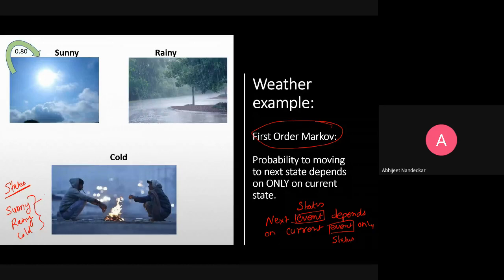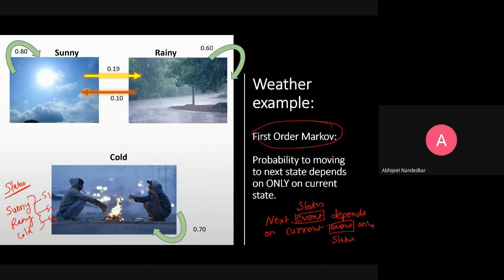Suppose I call sunny S1, rainy S2, and cold S3. So transition from S1 to S1, it was sunny, then again you will see a sunny day, has a chance of 80%. Then rainy to rainy: suppose today is raining, then the chance that tomorrow it will rain is 60%. Then cold to cold is 70%.